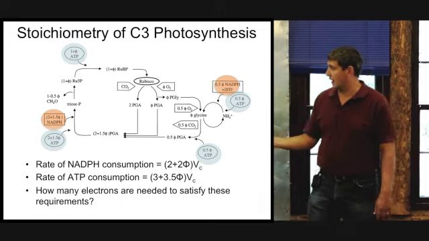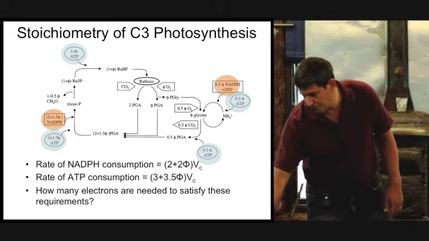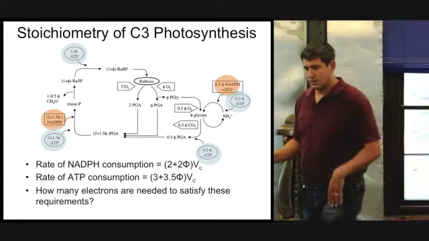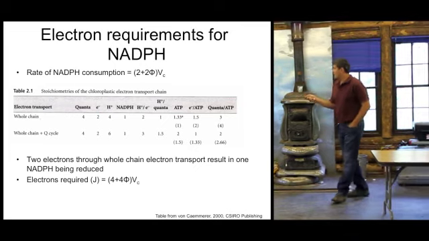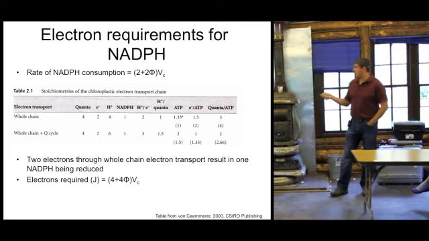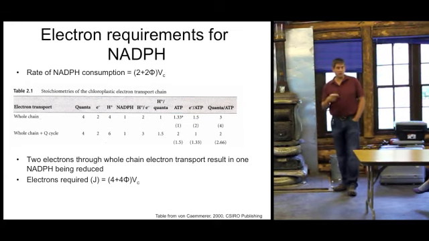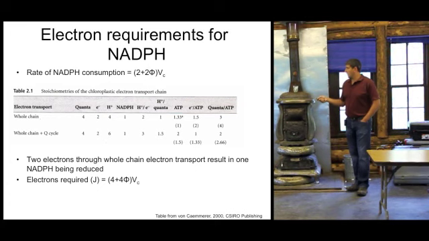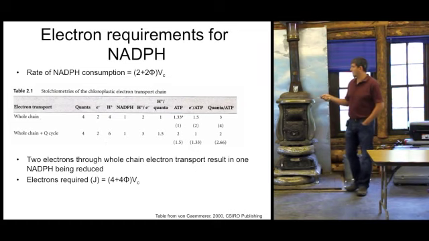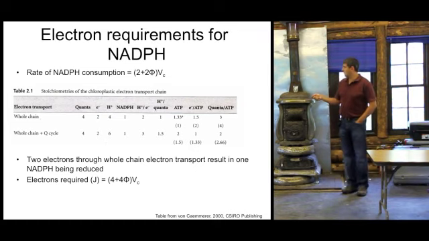This is, I guess you could say, the demand. I already went over this. All right. So, rate of NADPH consumption, this is our rate of NADPH consumption. That's how much we need based on whatever the environmental conditions are around that leaf, as a function of Vc. If you look at this table I took from Susanna von Caemmerer's book in 2000, there's a bunch of stuff that's going on here, but what I basically want you to focus on is our NADPH consumption, NADPH, right, 1.